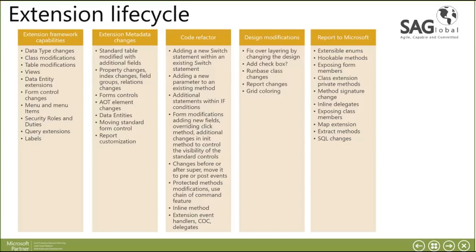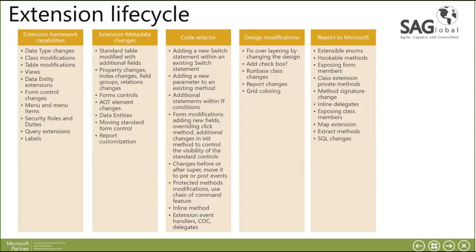So for instance, create table extensions, add your custom fields, create form extensions, update your form controls, and update the properties and so on. You can then continue the analysis of all of your overlaid code and look to document scenarios that might need a redesign due to limitations. You may have to put additional effort into considering some of those design modifications.